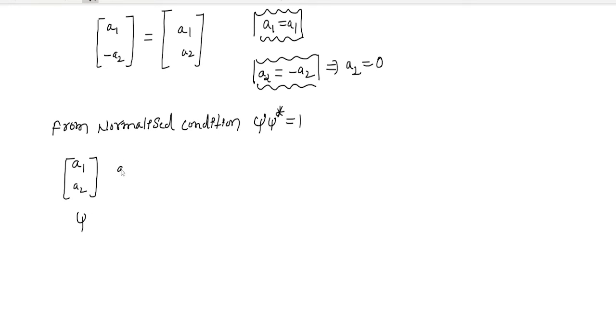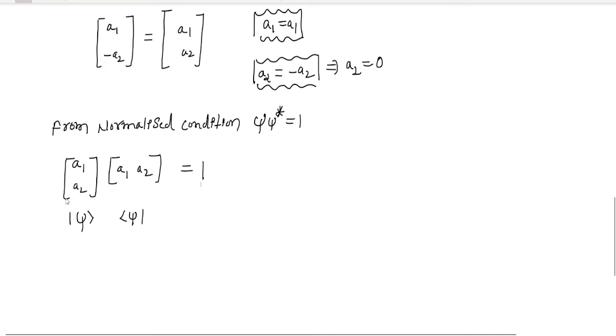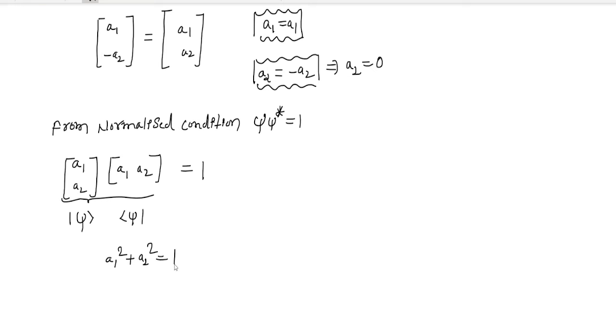This is psi star, A1, A2, the row vector, and this is the ket vector, equal to 1. After multiplying these two, we get A1 square plus A2 square equal to 1. Then I'm going to use A2 here.